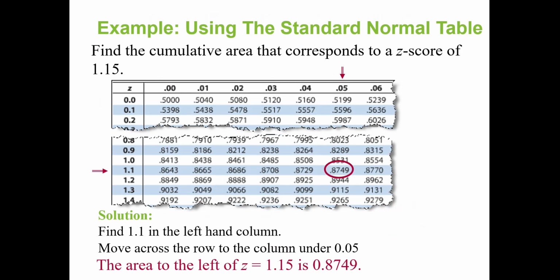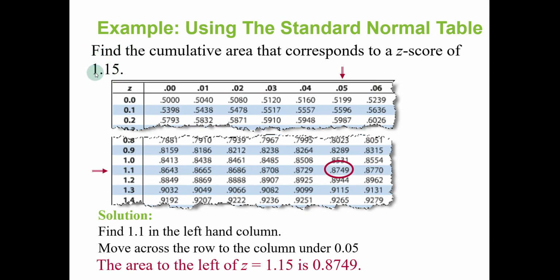Now, when you have your Z score, how do you determine the area or the probability? You have to use a table, or you use software, generally Excel. So let's say you have a Z score of 1.15. You have to go to the rows and the columns. What will constitute the row?